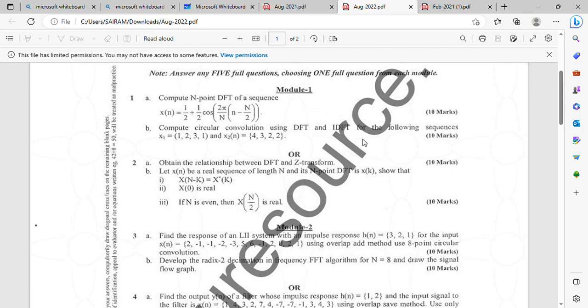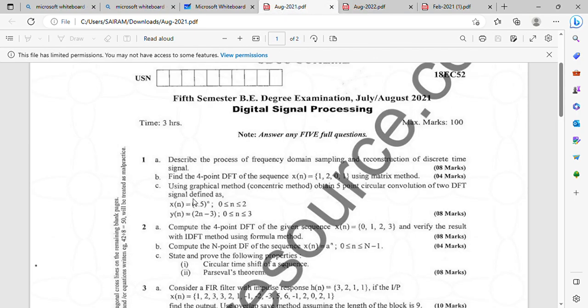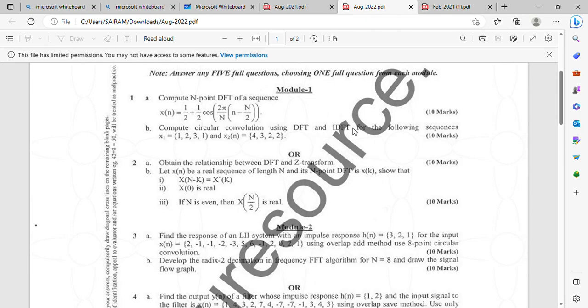I discussed this because it is asking you a circular convolution question. I'm just showcasing it to you. This was one circular convolution question, a 5-point circular convolution question, asking you to find the result using the concentric circle method. The other one is by using the DFT and IDFT method.